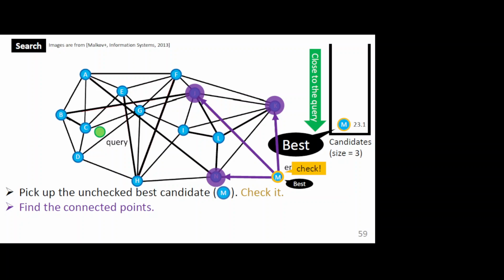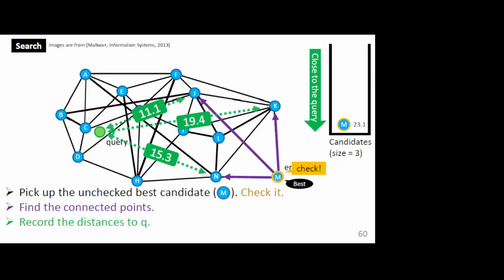Just follow the connections we already built here. Okay, so for these 3 points, J, K, and N, they are all neighbors of N, right? So for these 3 points, I compute the distance to the query. For J, the distance is 11. For K, the distance is 19, and for N, the distance is 15.